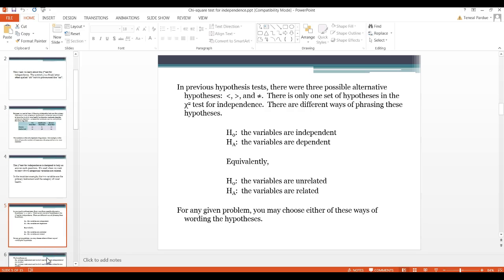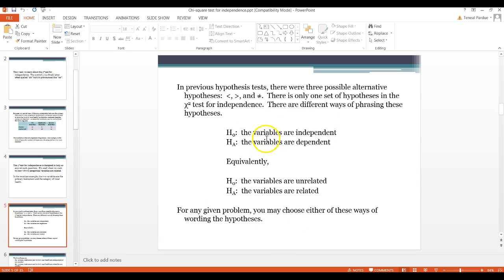In the previous hypothesis tests we've done, we had three different possible sets of alternative hypotheses. We had the not equal to, the two-tailed option, and then the less than and the greater than. In this one, there's really just one set of hypotheses.